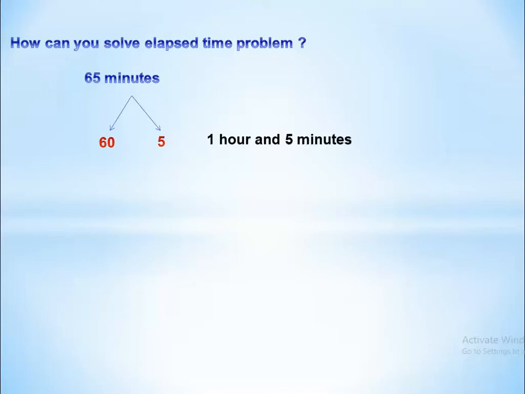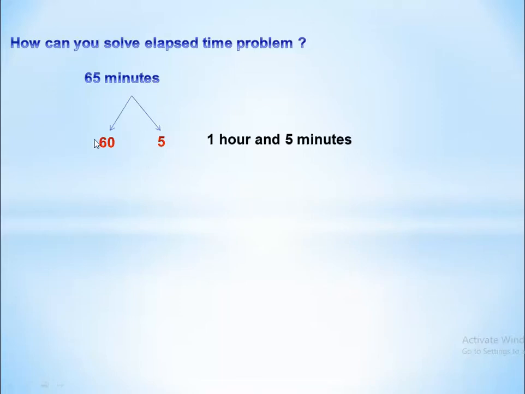So the answer will be 1 hour and 5 minutes. If I have 65 minutes and I want to decompose it into hours and minutes, we know that an hour has 60 minutes. So we can decompose it into 60 minutes and 5 minutes.